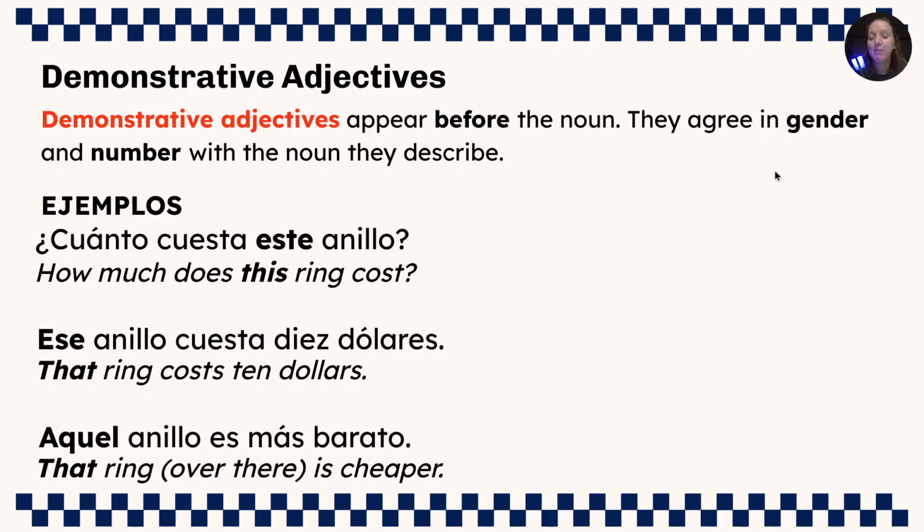And the last example on this slide demonstrates how to use the demonstratives that refer to things that are far away from the speaker. So in English, the example is, that ring over there is cheaper. In Español, that would be, aquel anillo es más barato. We use aquel in this context because anillo is masculine and it's singular.